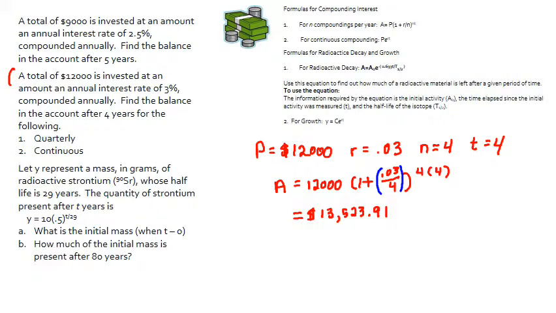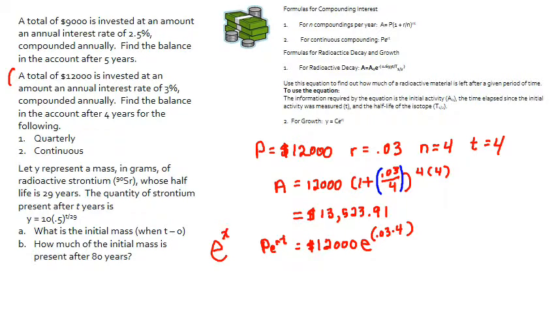For the continuous one, we're just going to use the famous Pert formula. They call it Pert. Now what we have is the $12,000 times e, and your calculators do have that little magical e button on it. In fact, it looks like e with a little x here, and the x is where you're going to put the r, which is the 0.03, and the t, which is going to be the 4 here inside of it.